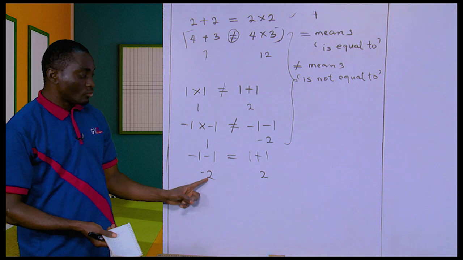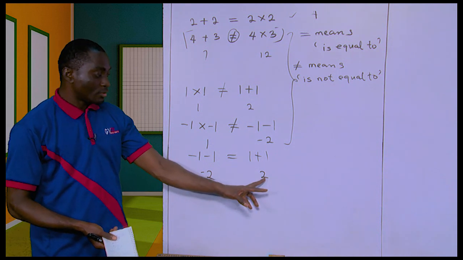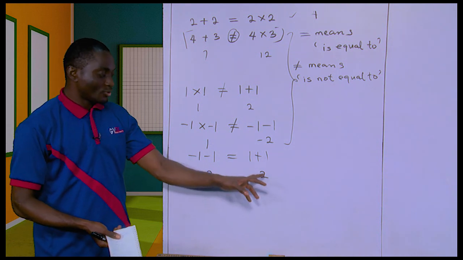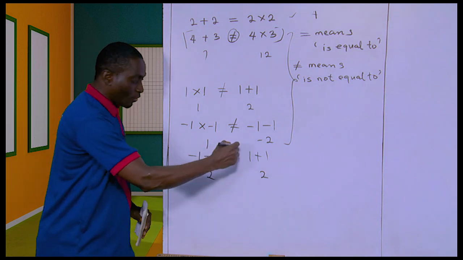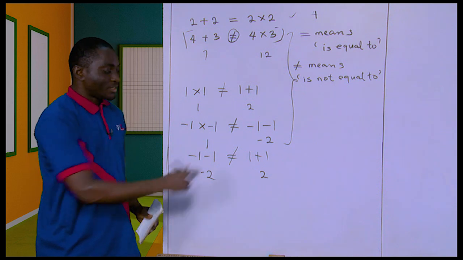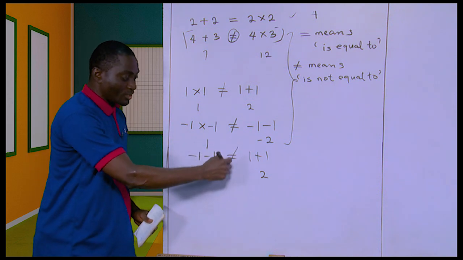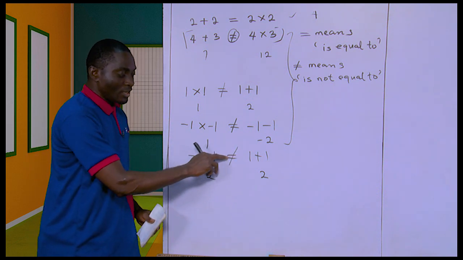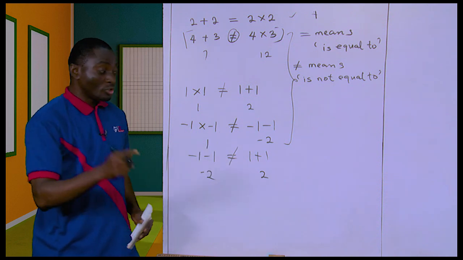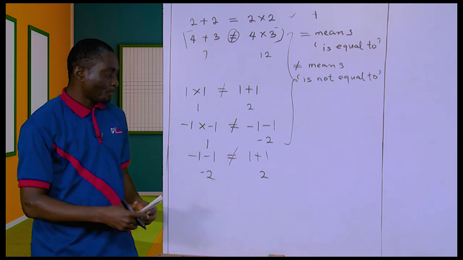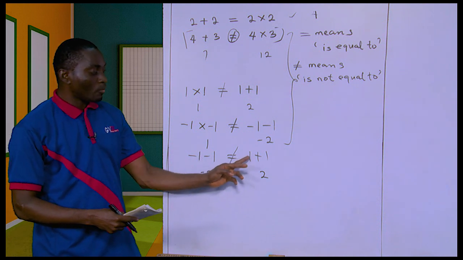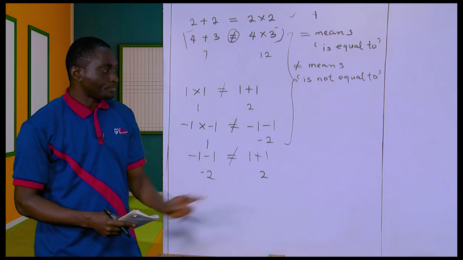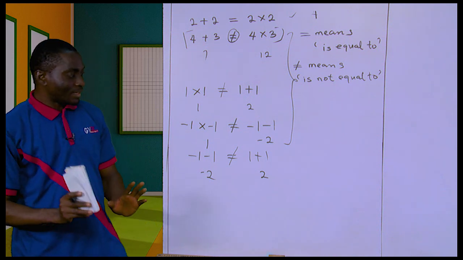This is minus 2, this is 2. So, the two sides are not equal. Therefore, we have to slash, to cross this equal sign, to show that it's not equal. Okay? So, minus 1 minus 1 is not equal to 1 plus 1. Alright? That is that.